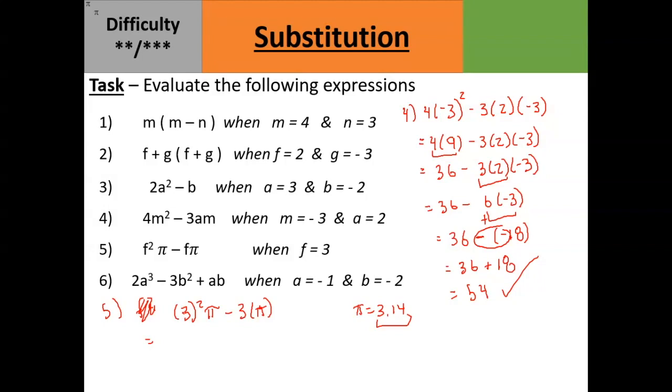All right, 3 squared, we're going to do first. So 3 squared gives you 9, times pi. In our calculator, we can go 9 times pi. Depending what calculator you're using, you might have to use the shift key. Does everybody see pi on their calculator?